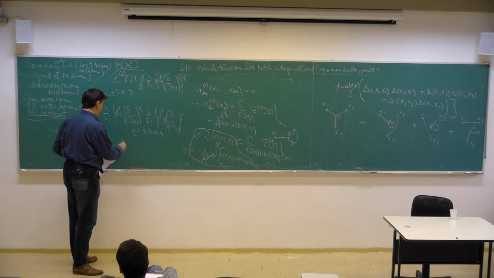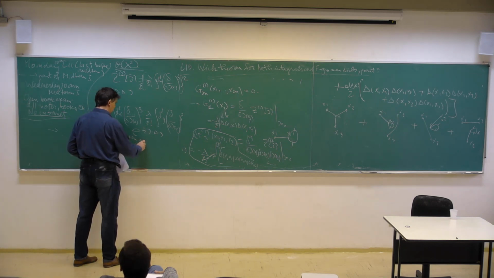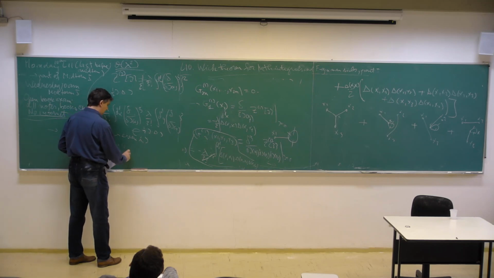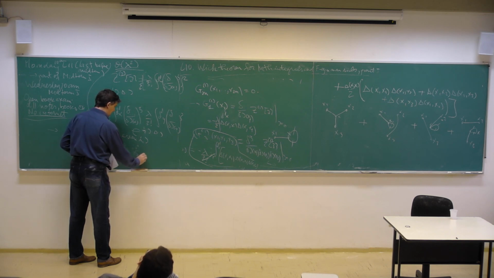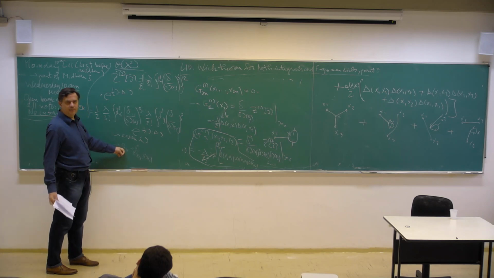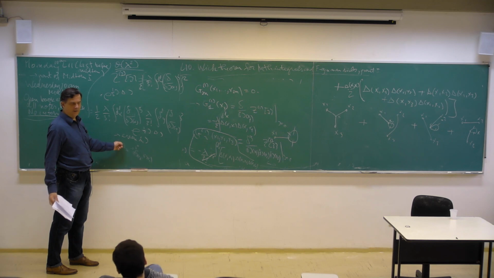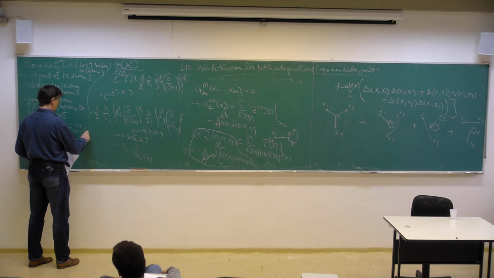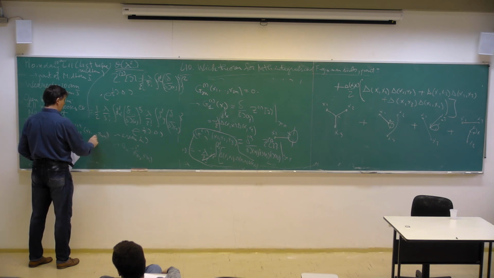So that will still be an even power, even in j, right? Since when taking the n-point function, I take the nth derivative with respect to j, that means only even point functions will be non-zero. Odd point functions will be 0. So G_{2n+1}(x1, ..., x_{2n+1}) will be 0.